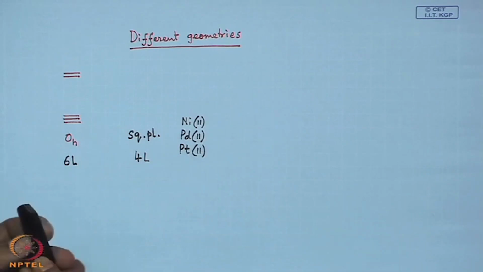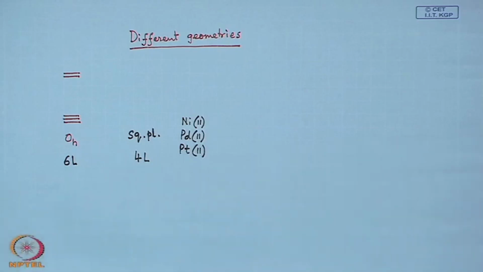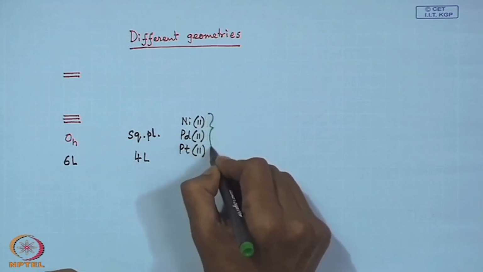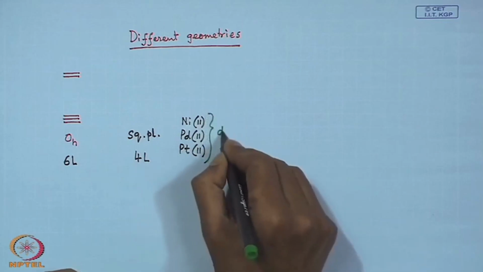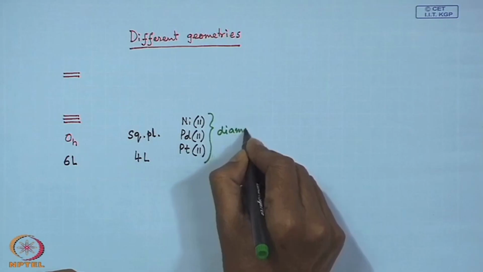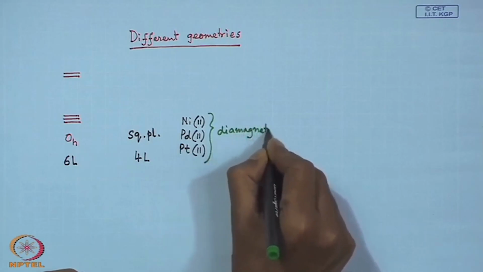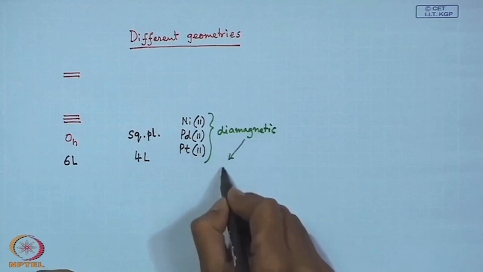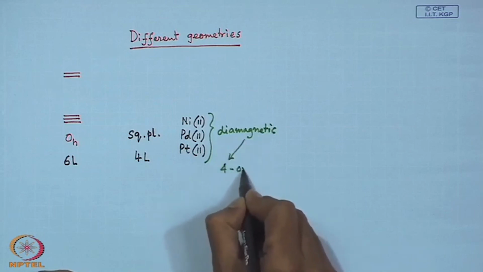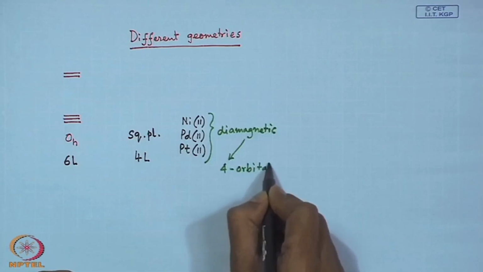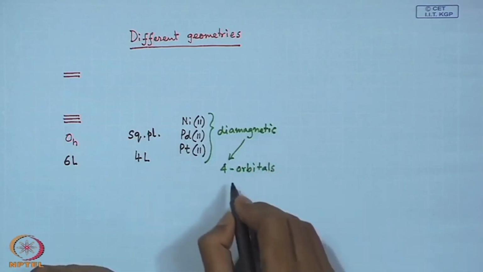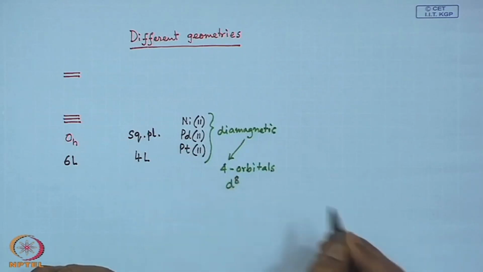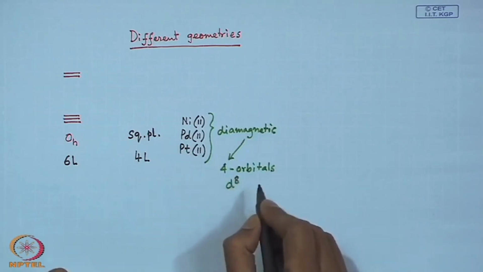So these we all know from our school days about the corresponding valence bond picture, that these compounds are all diamagnetic. That means only 4 orbitals would be available for the occupancy of 8 electrons from the d8 level.